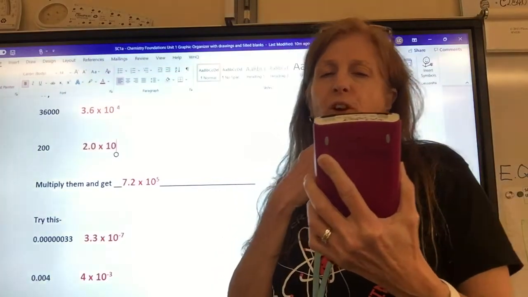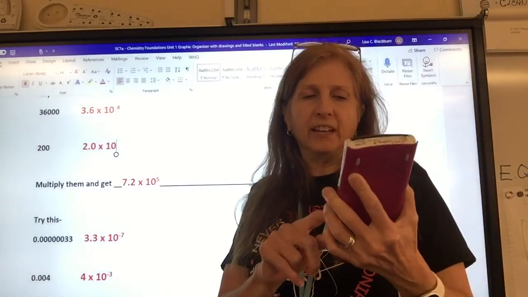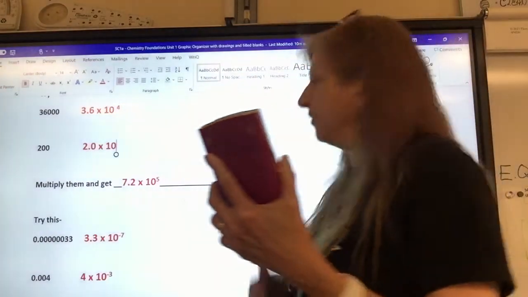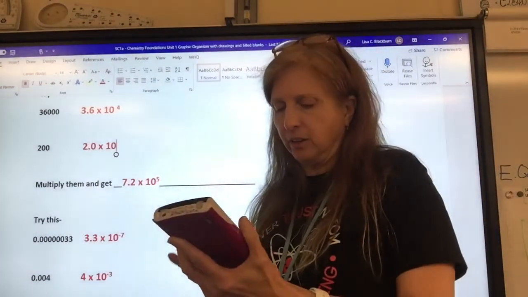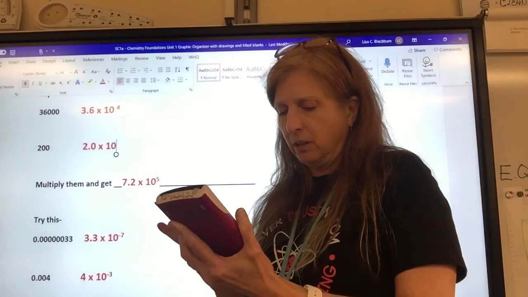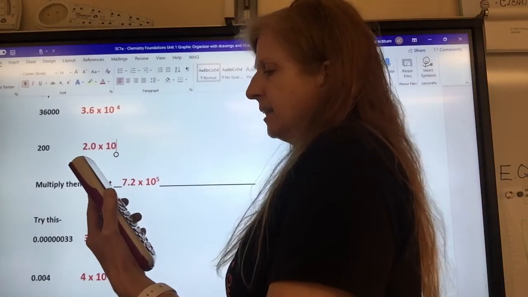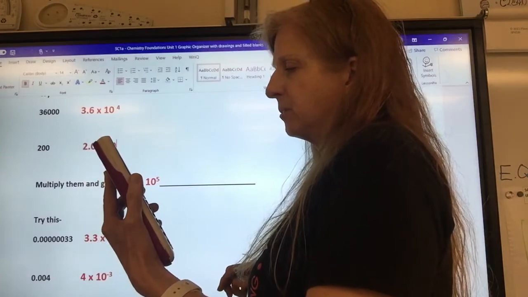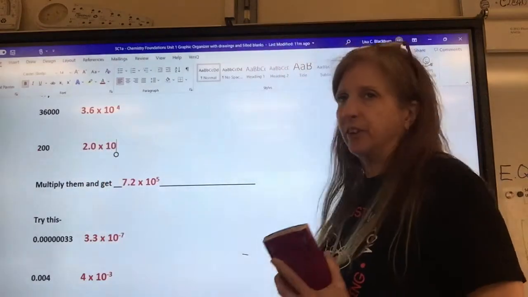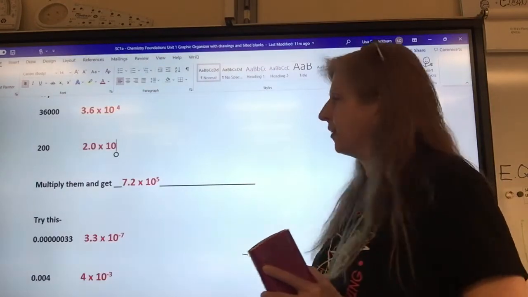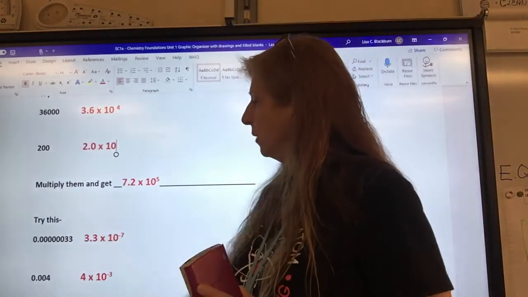If you put in the first one and then you just hit times, you don't have to put it in again. It'll say answer times. And then you could do 2 EE to enter. And you might get 7200000 with 5 zeros. Yep, got it? Getting some good math? Okay, so now try this little one.